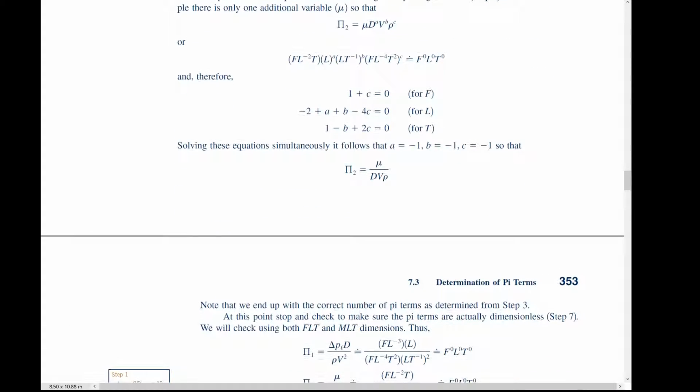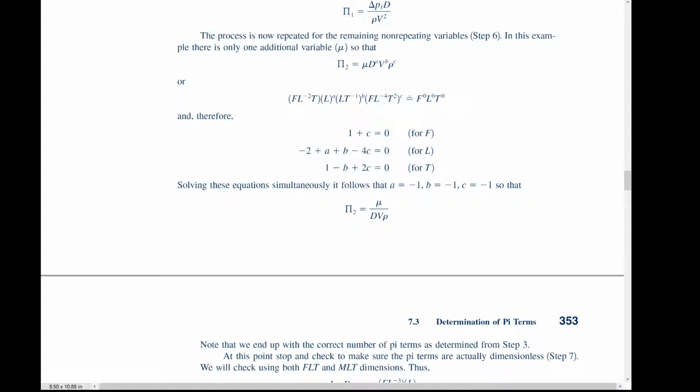Starting with the simplest one, let's see, is that the simplest one? 1 plus c. Anyways, 1 plus c is 0 for f, and for L, and then we get the a, b, and c. Can I take a second? How does it equal 1 plus c for f?